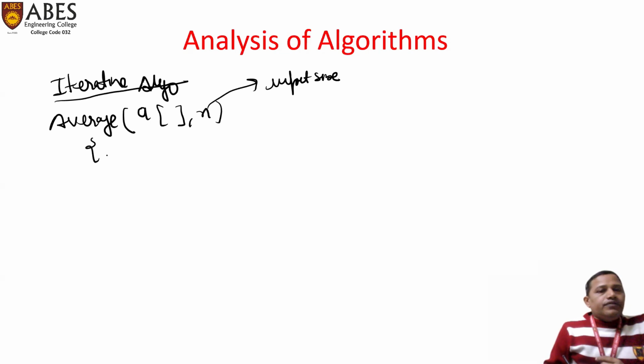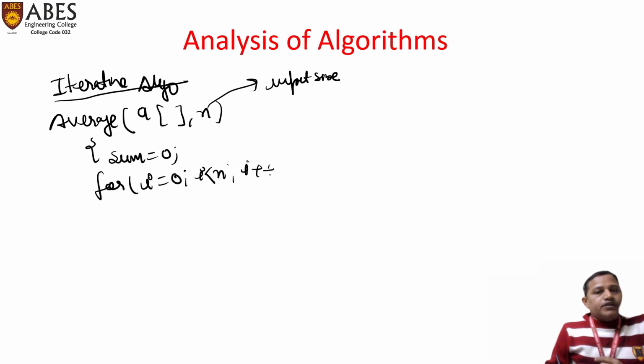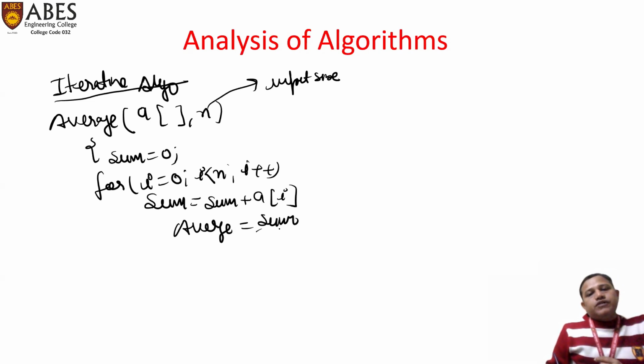And sum = 0, for i = 0, i <= n, i++, sum = sum + a[i], average = sum / n.